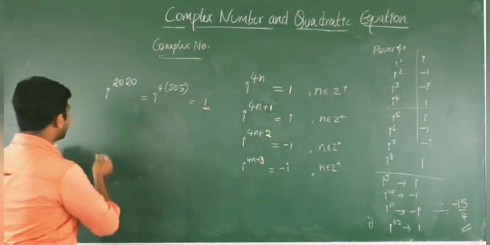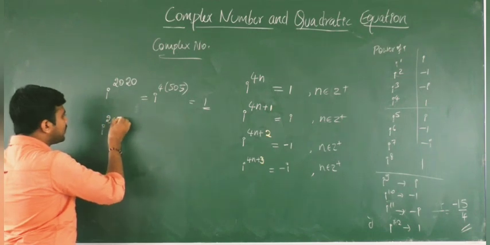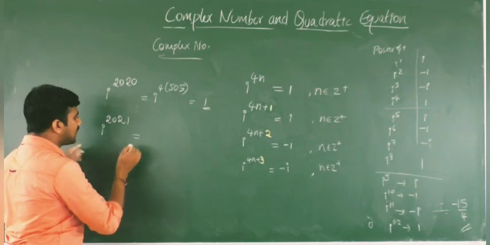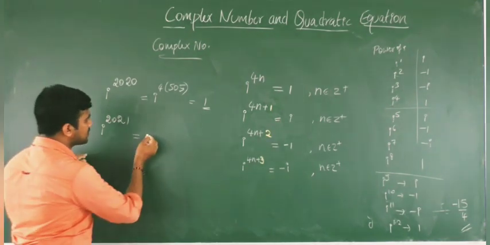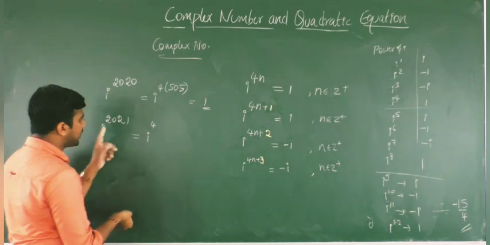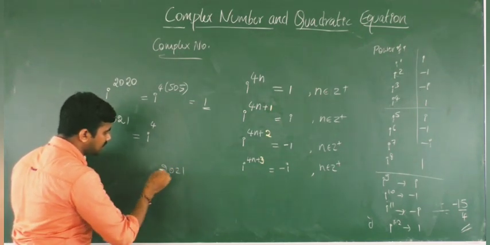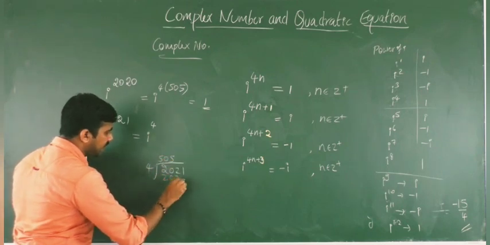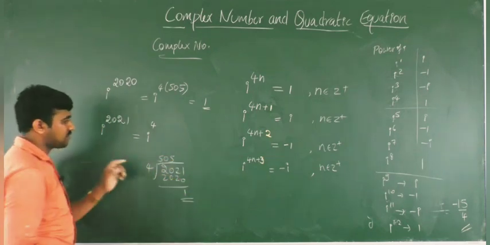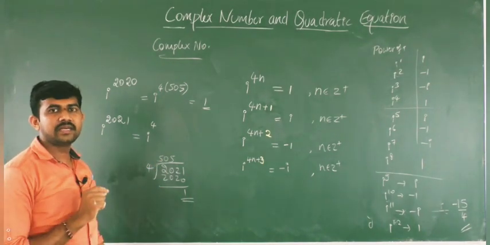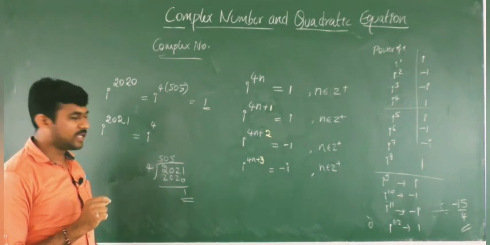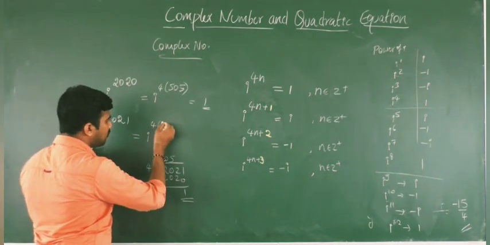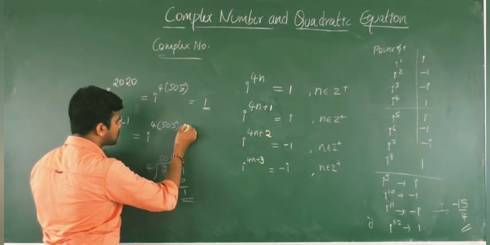Similarly, next year, 2021. So what is the value of i to the power 2021? You can divide 2021 by 4: 4 times 505 is 2020, and the quotient is 505 and the remainder is 1. In the same way we can write 4 into 505 plus 1.